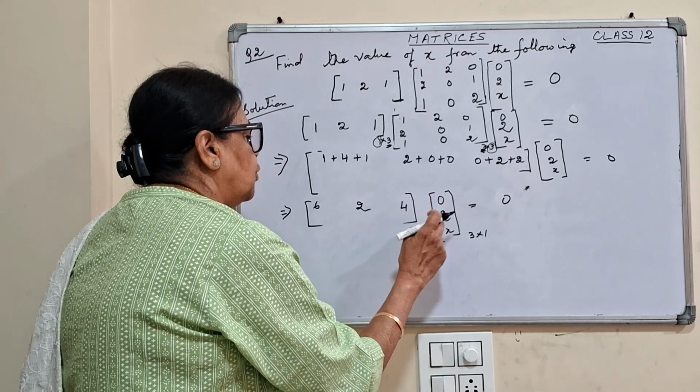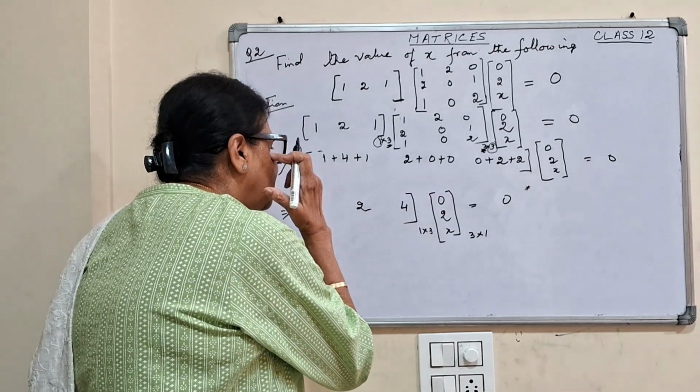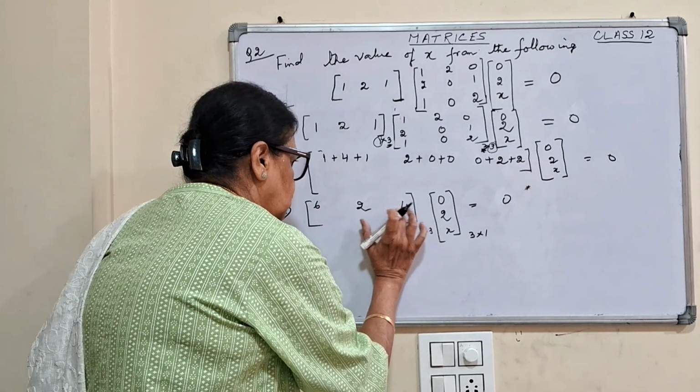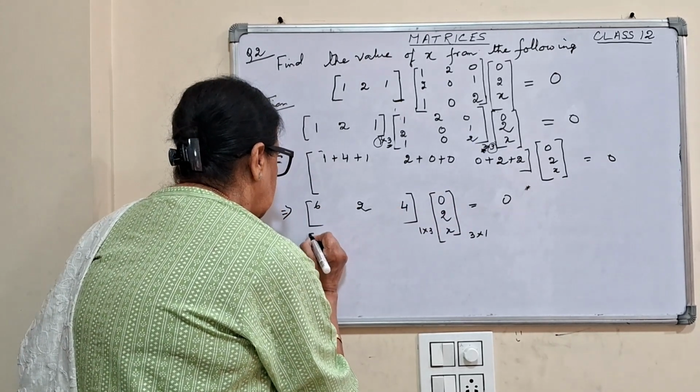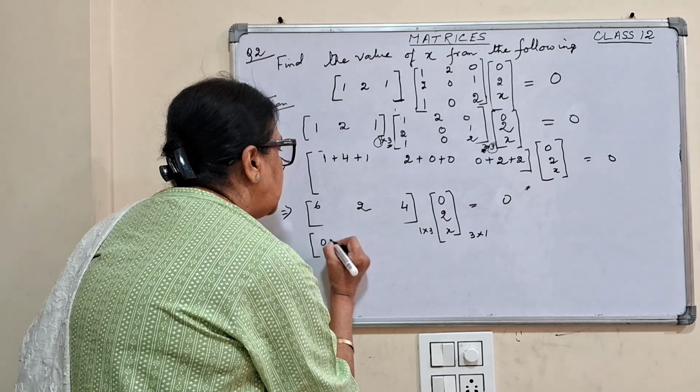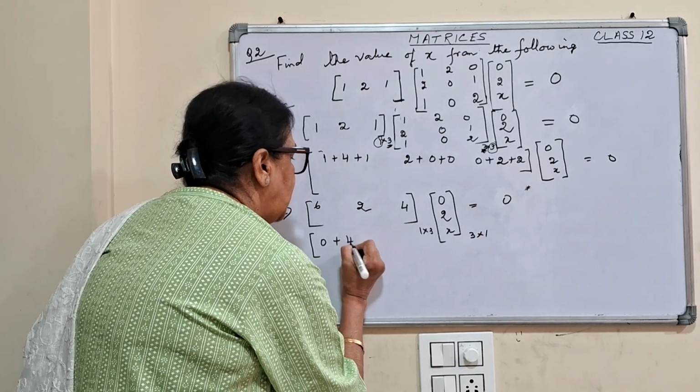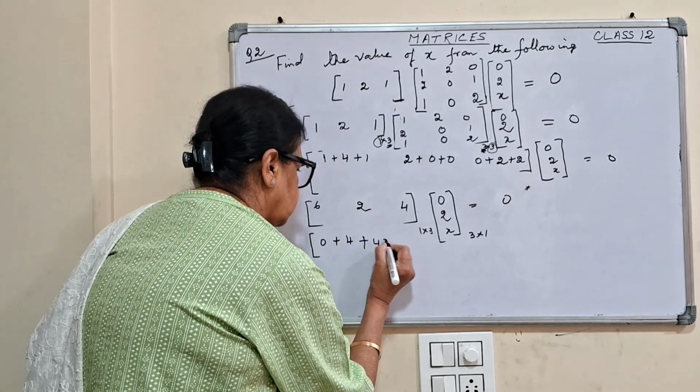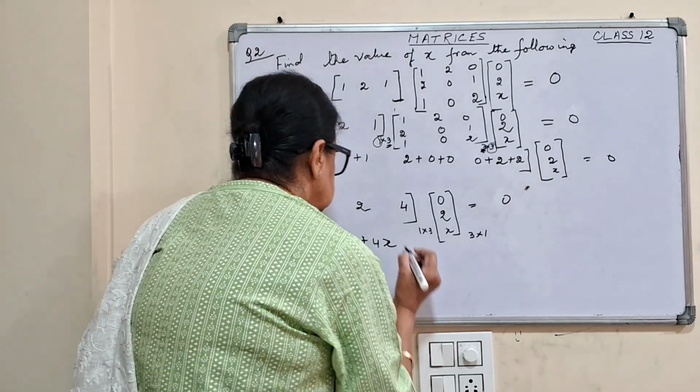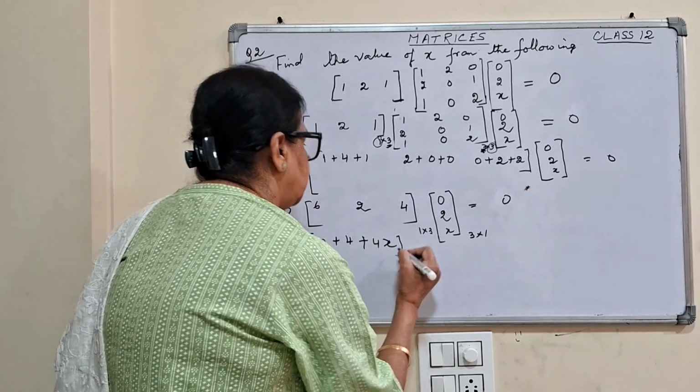6 times 0 is 0, 2 twos are 4, plus 4x is equal to 0.